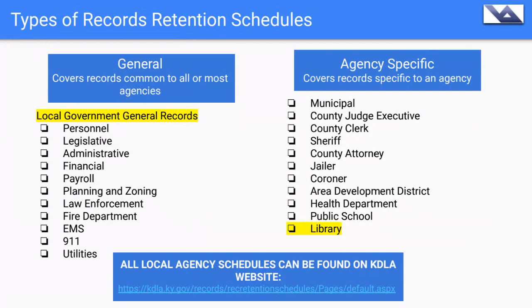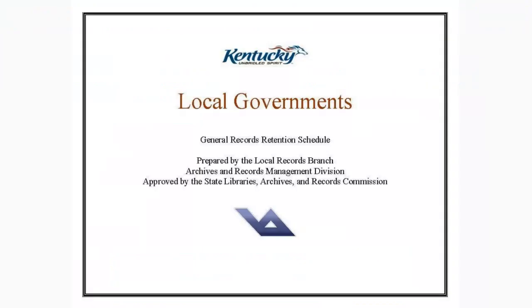Another thing to note is that all local agency schedules can be found on the KDLA website. And we always suggest using this online version. These schedules can be updated quarterly. So that's where the most current will always be. So here I'm going to look briefly at an actual records retention schedule.